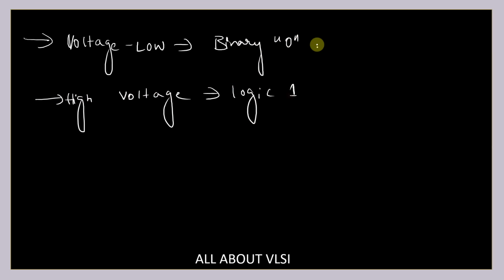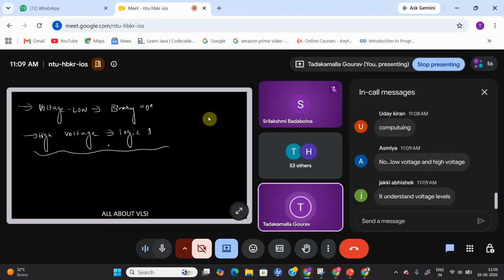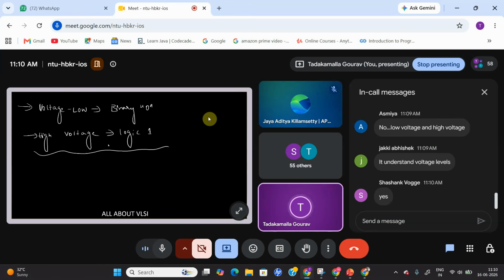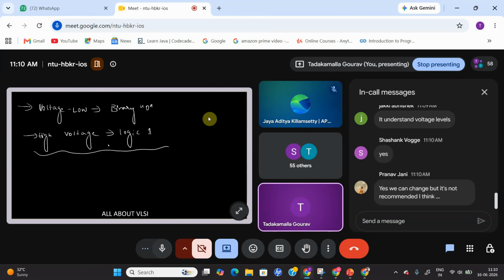Can I do this vice versa? Can I change the representations, like for low voltage can I use logic 1 and for high voltage can I use logic 0? Is there any error over there if I use it?